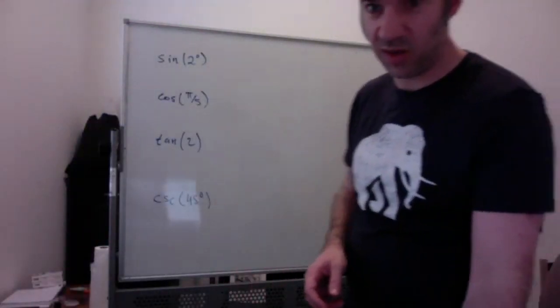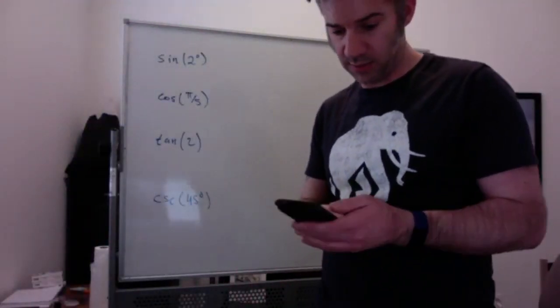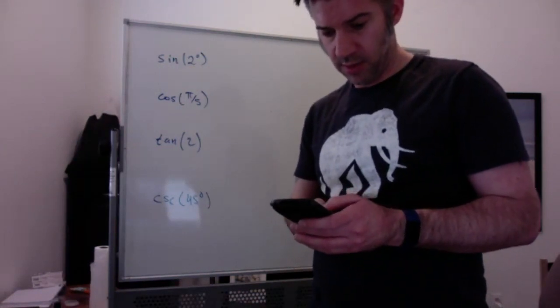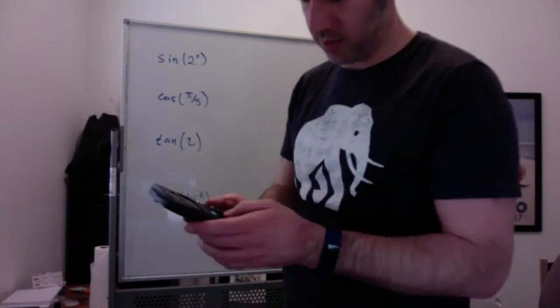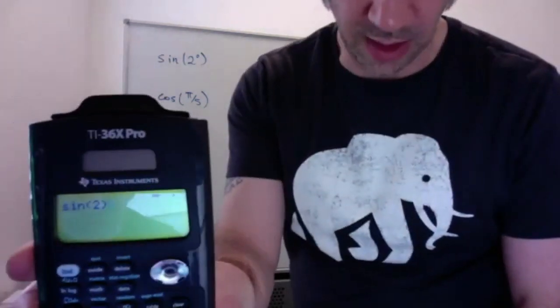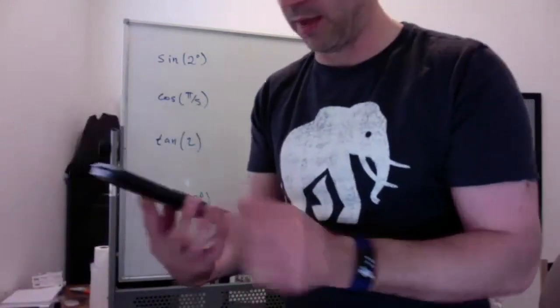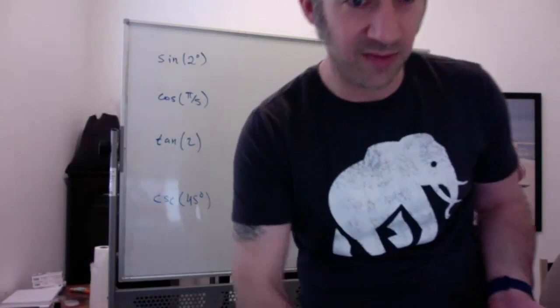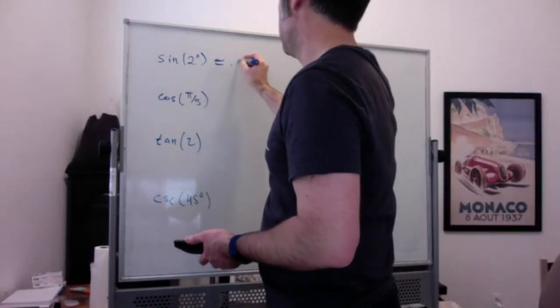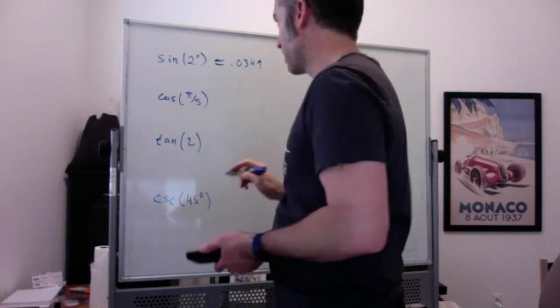Okay, so for sine of 2 degrees, I'm just going to look and make sure my calculator's in degrees. It's in degrees, great. And then I'm going to do sine of 2, just like that, in degrees. And then I'm going to press enter, and I'm going to get 0.0348. It's going to give you some decimal. I'm going to say it's approximately 0.0349.